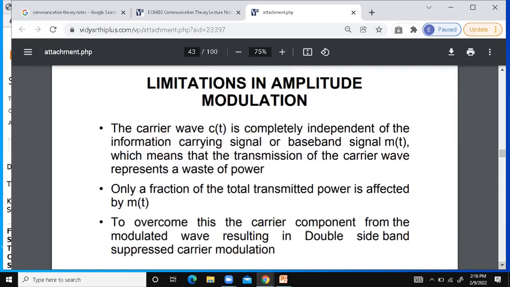So these are some of the limitations in amplitude modulation, or AM. The carrier wave c(t) is completely independent of the information carrying signal or baseband signal m(t), which means that the transmission of the carrier wave represents a waste of power. At least tell me you get that.